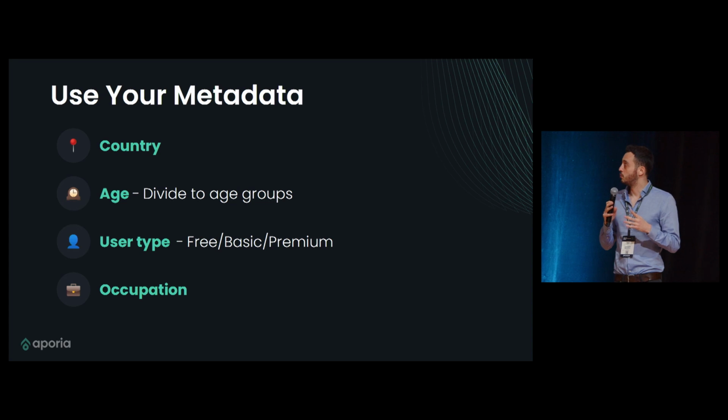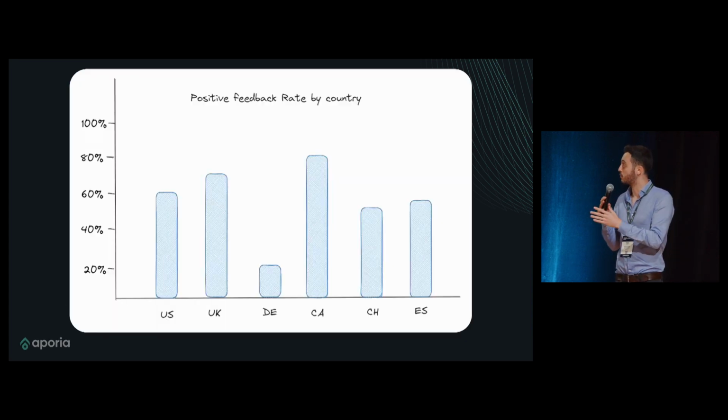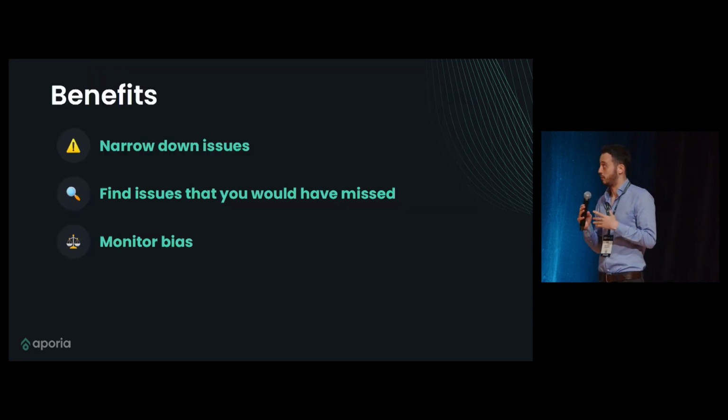And you can use them to create groups in your data and monitor performance for each of these groups. This can really help empower your monitoring system because, first of all, you'll be able to track each group individually, and that can give you a lot of insights. It can help you narrow down issues.